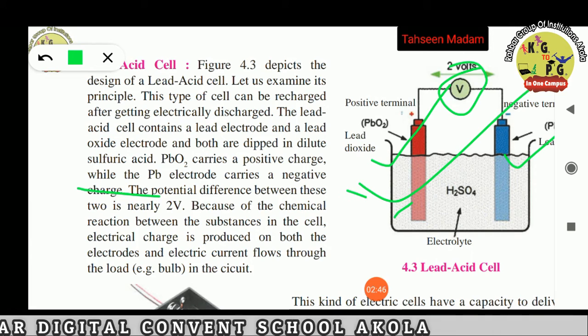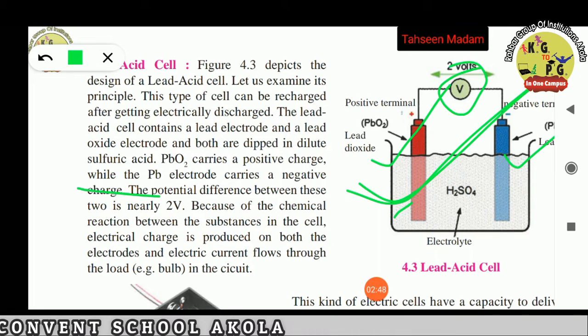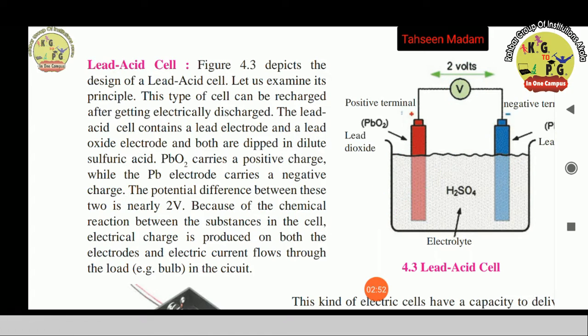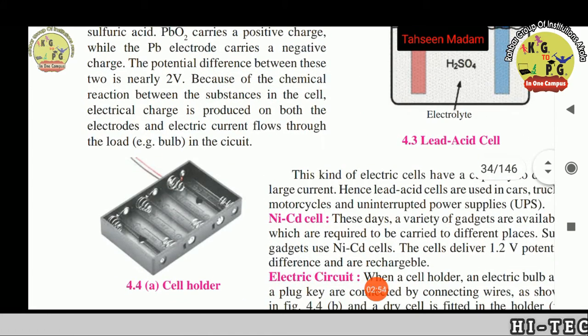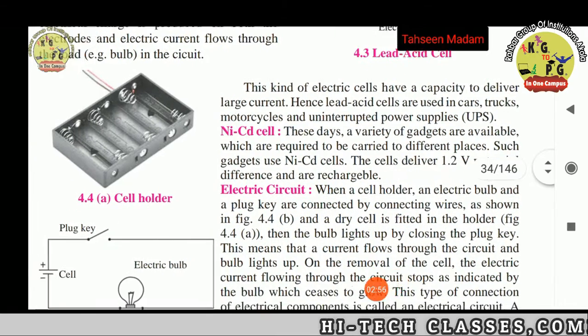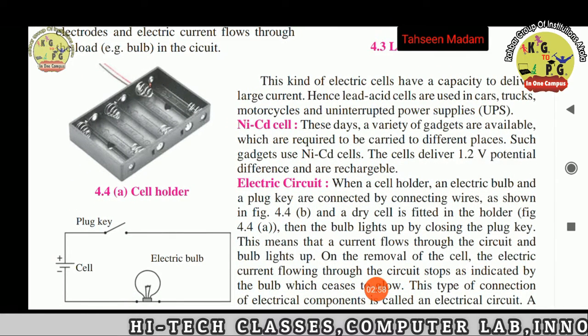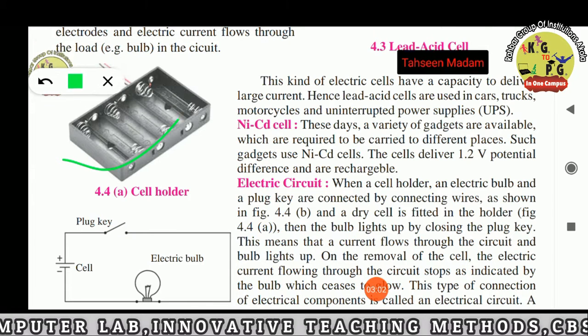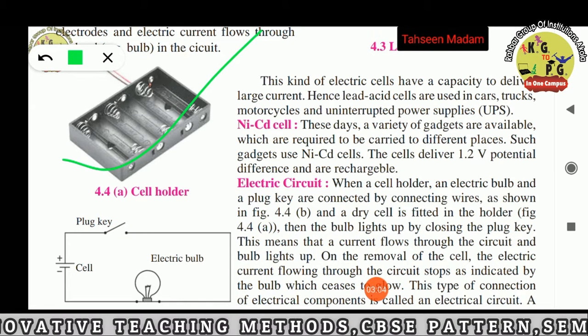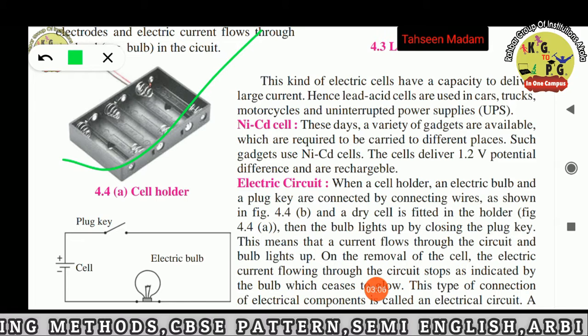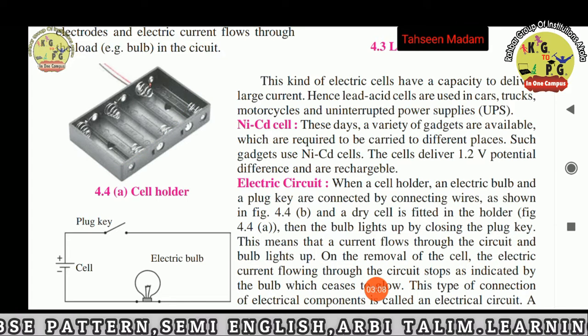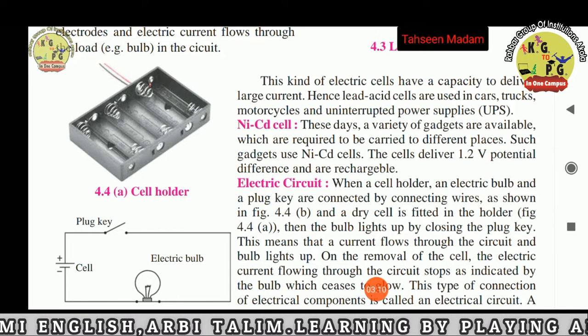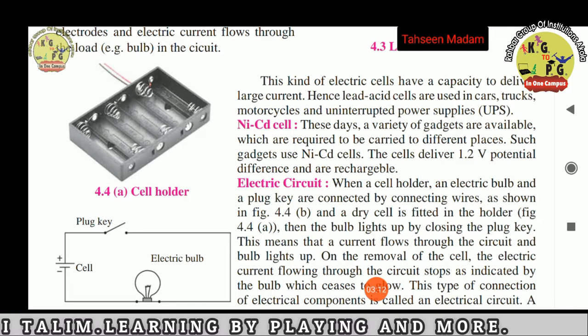This is the diagram of lead acid cell. This is the cell holder. These kinds of electric cells have a capacity to deliver large current.